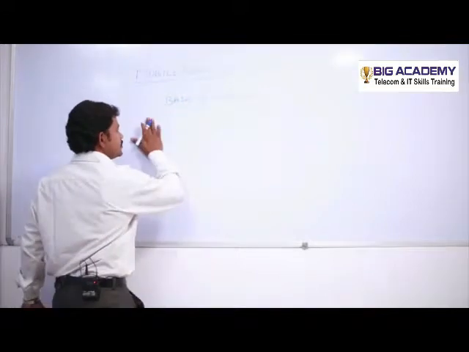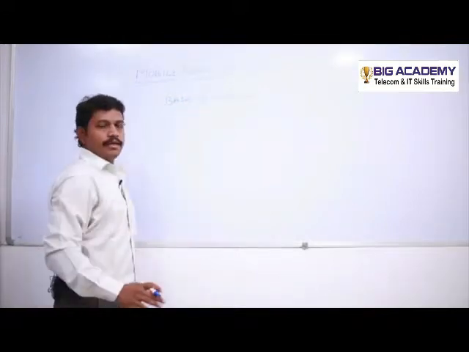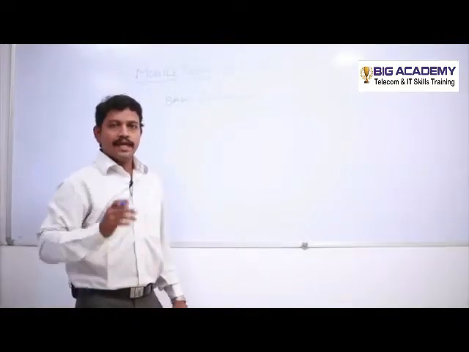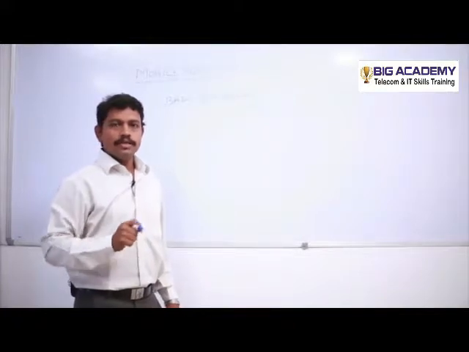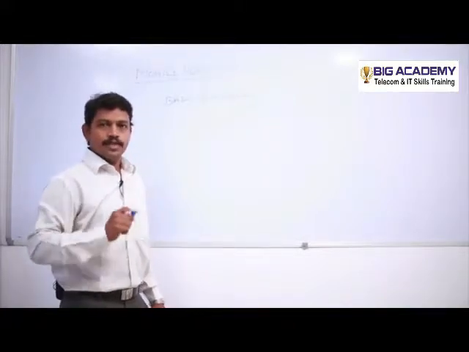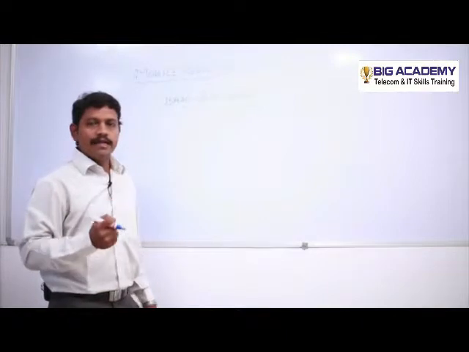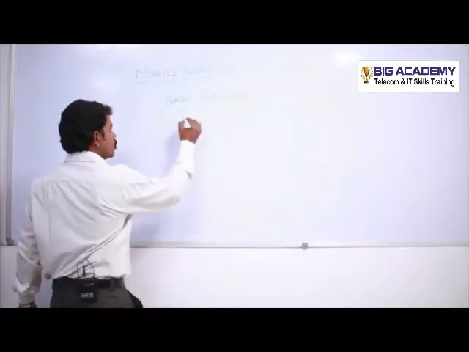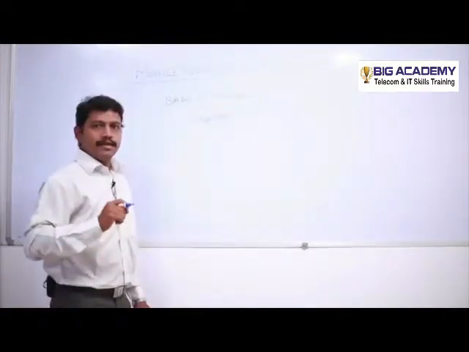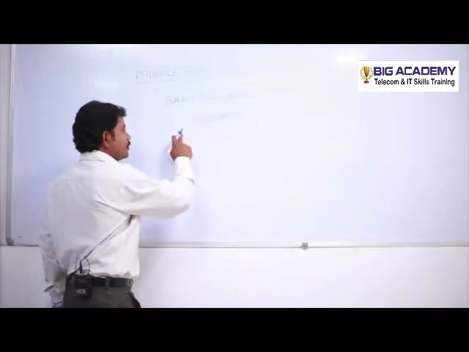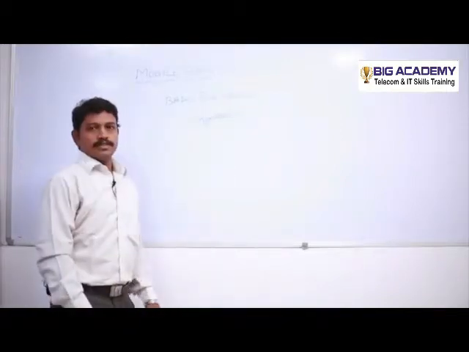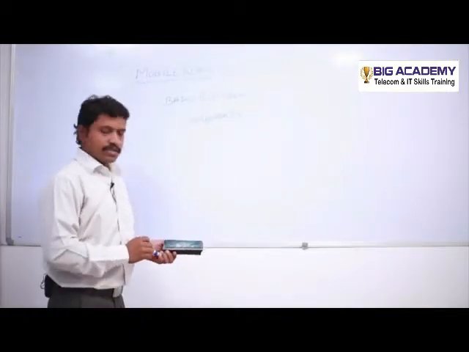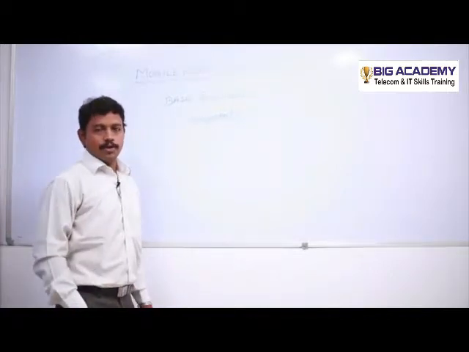Right. So the study of flow and control of electrons is called the electronics. The study of flow and control can be done with the help of basic components. So what are the basic components?